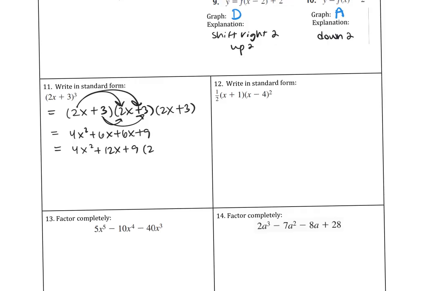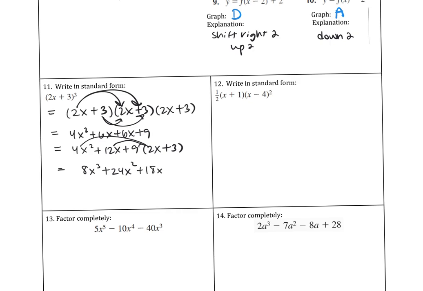And now we're going to bring down that last binomial and multiply them together. 4x squared times 2x is 8x cubed. We've got 2x times 12x, which is going to be a positive 24x squared, and 2x times 9, which is going to be 18x.